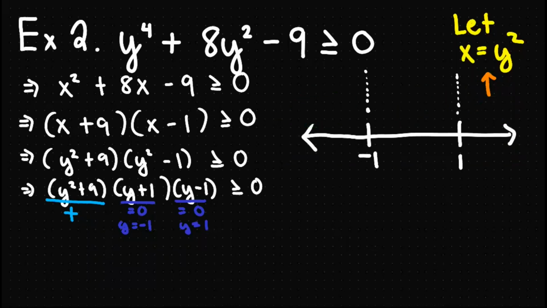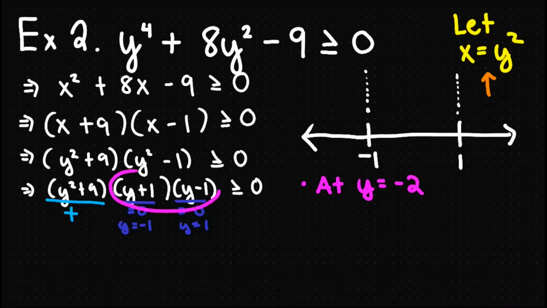So for the first region, this is the region wherein these are the values less than negative 1. So let's take y equals negative 2, since negative 2 is less than negative 1. So plugging that into this one out here, actually we don't need to include this since this is always positive, so take note of that.